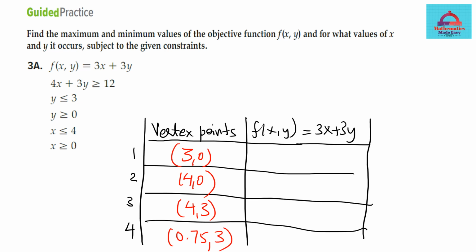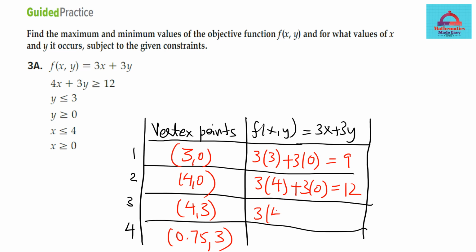Okay, so let's put in. When I put 3 times 3 plus 3 times 0, I get 9. 3 times 4 plus 3 times 0, I get 12. 3 times 4 plus 3 times 3, I get the maximum value here, you can see. So this is 12 plus 9. So this is 21. Definitely this is the maximum value.